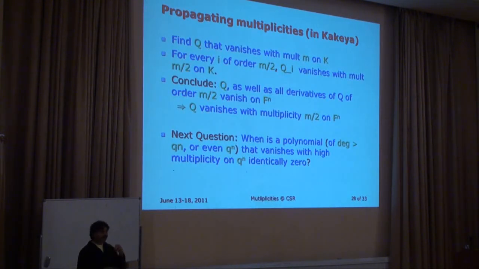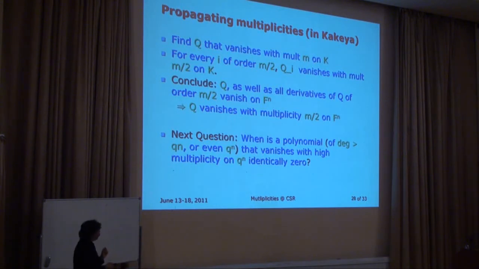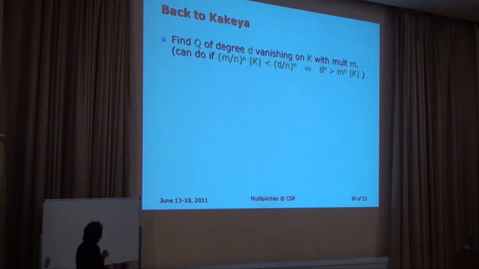Okay, so now we are not only concluding, starting with the fact that q had multiplicity of order m at Kakeya set points, that everywhere in the space it's vanishing with multiplicity m over 2. So notice m over 2, there's a ratio of 2. That's what turned out to be the key question.